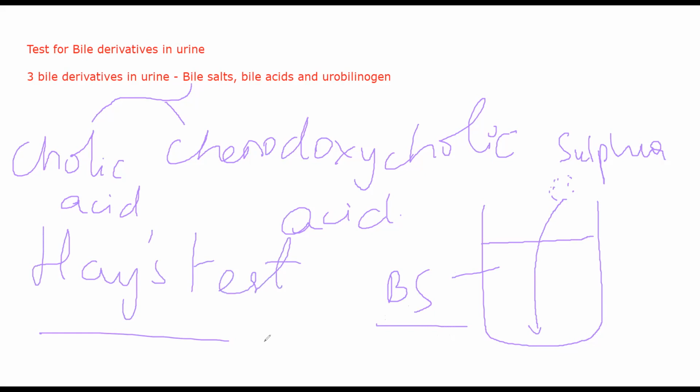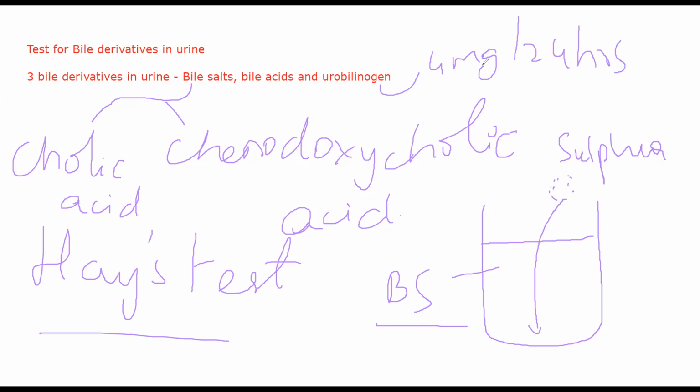Then if you're testing for urobilinogen, urobilinogen will be present in a very small quantity. Normally in urine around 4 mg is excreted every day, 4 mg per 24 hours, a very small quantity.